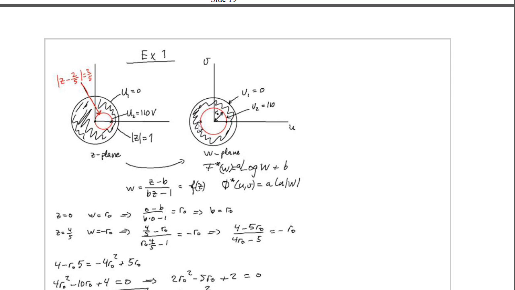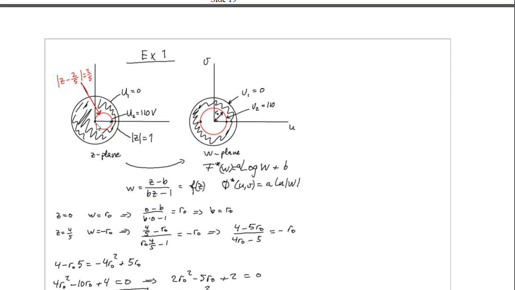And why is this a real value? Yes, it's easy to see. If we have used a real value of b and we have a real value of z, then this cannot be anything other than a real number. They cannot have any imaginary part.